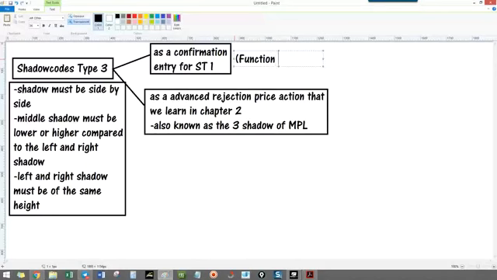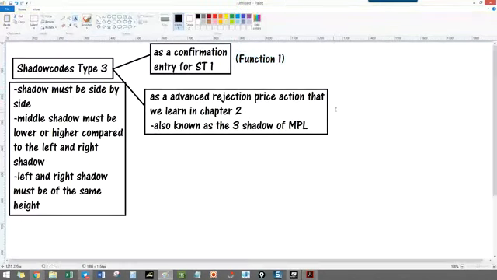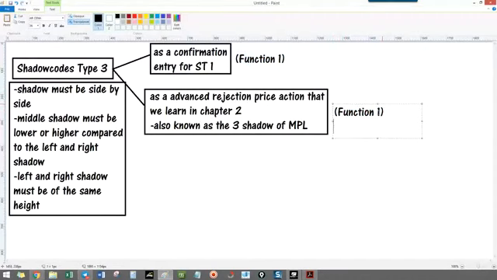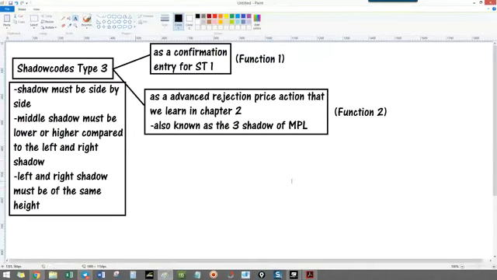Function 1 and function 2. Okay. So ST3 will look like this. It doesn't matter how the candle forms. It only matters that it has 3 shadows.